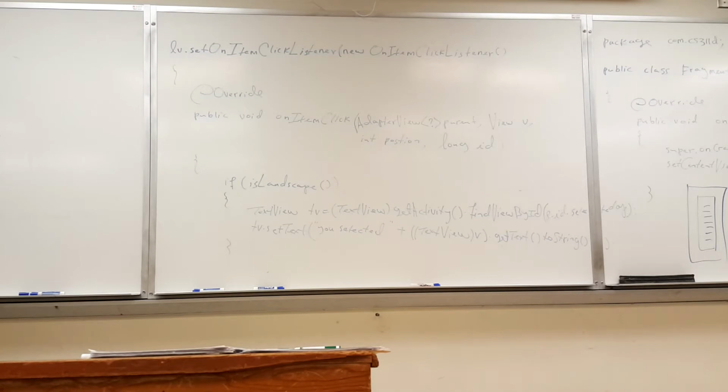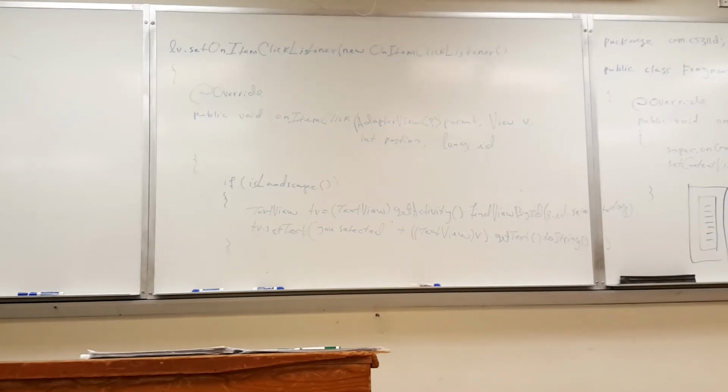The first argument of intent is a context. You remember from last semester? We need to create context because this is not the activity. This is what? This is fragment. Fragment doesn't have context. Okay, it doesn't have activity.